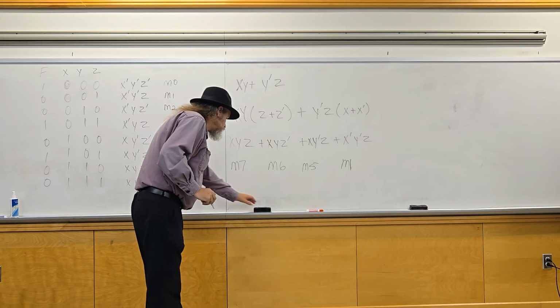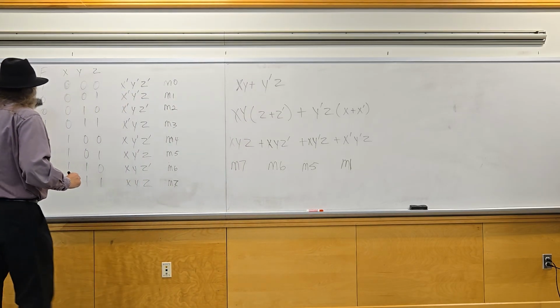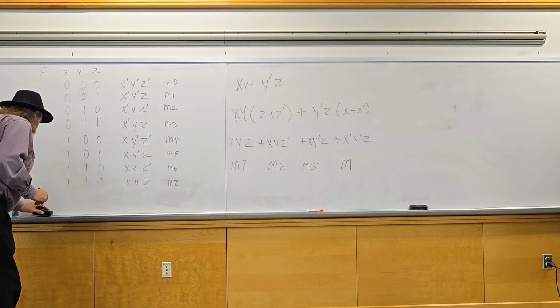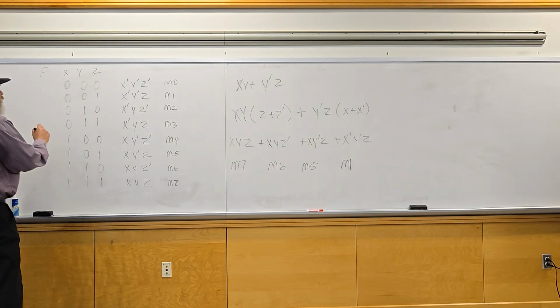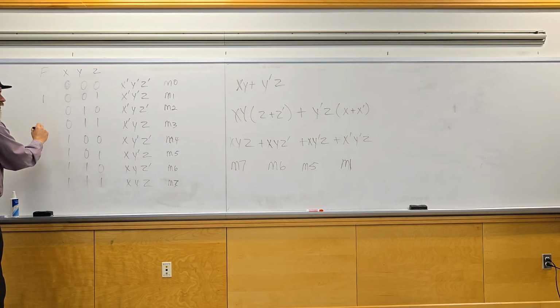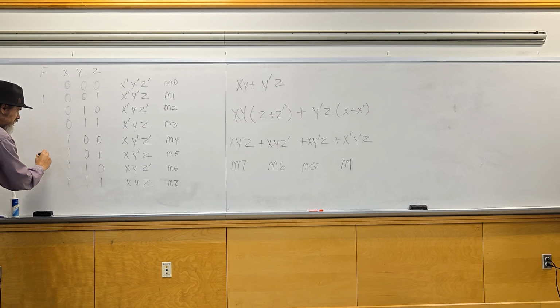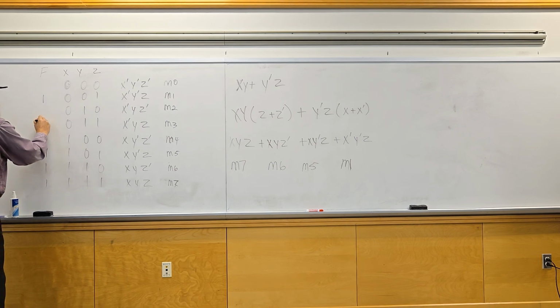So the output for the table would be a 1 here, and 1, 1, 1, 0, 0, 0, 0. So that would be your state table.